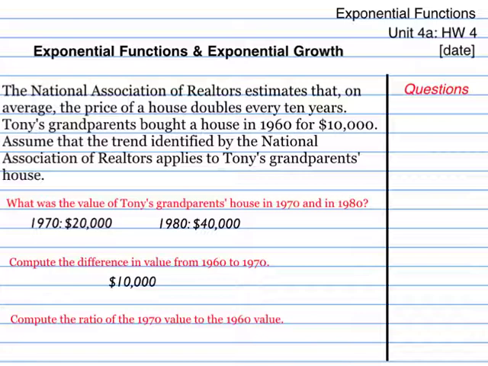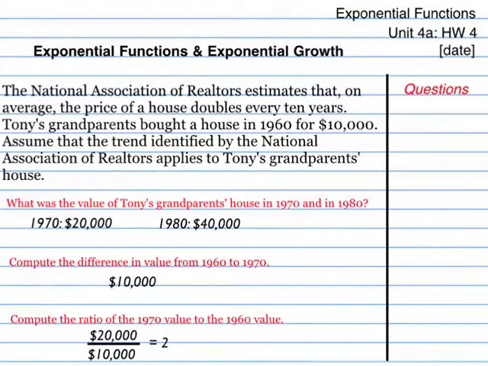So $20,000 compared to $10,000 gives me a ratio of 2. Take a moment, pause, copy, before continuing on.